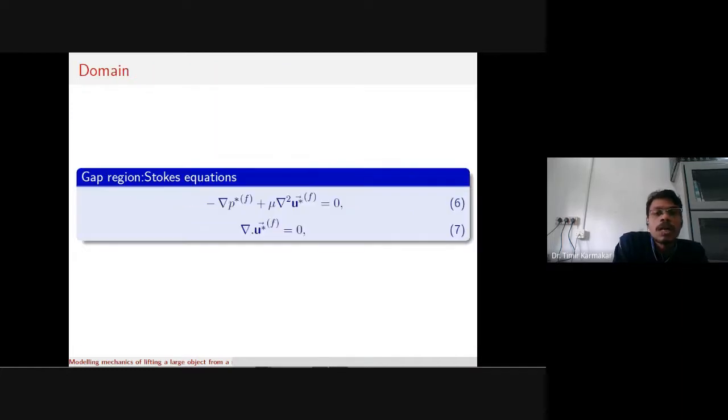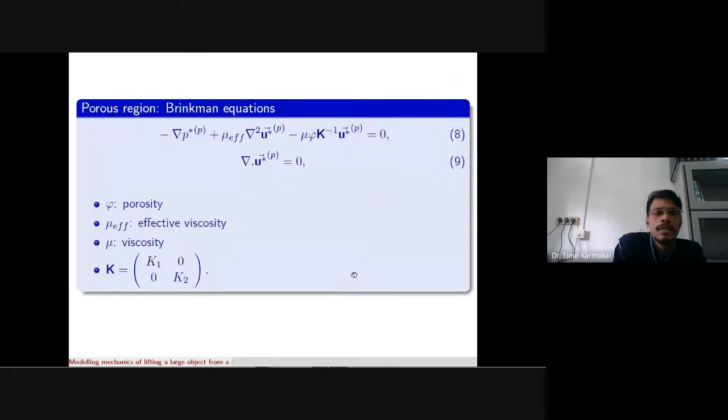Now in the gap region we assume that the flow is governed by the Stokes equation, and in the porous region we assume that the flow is governed by the Brinkman equation. Here we have added an additional factor, that is the porosity.